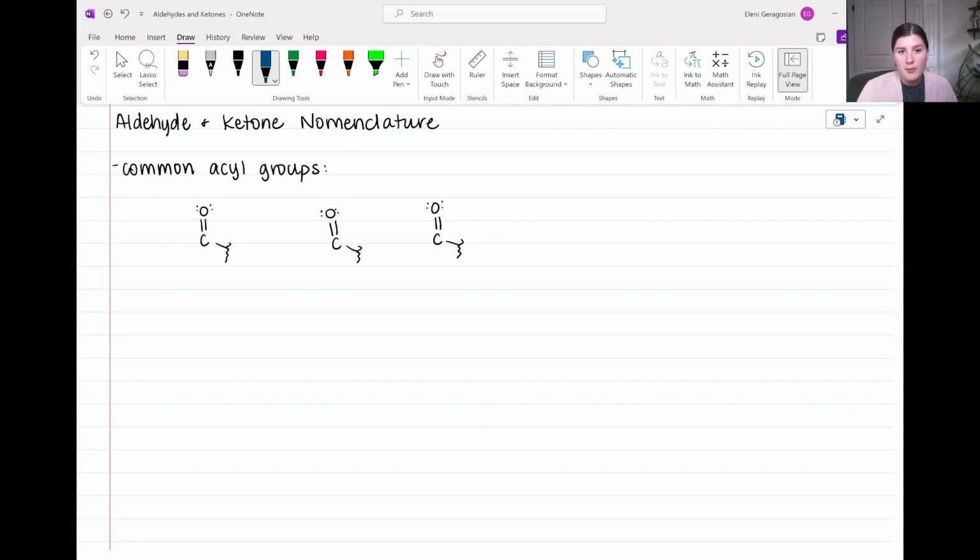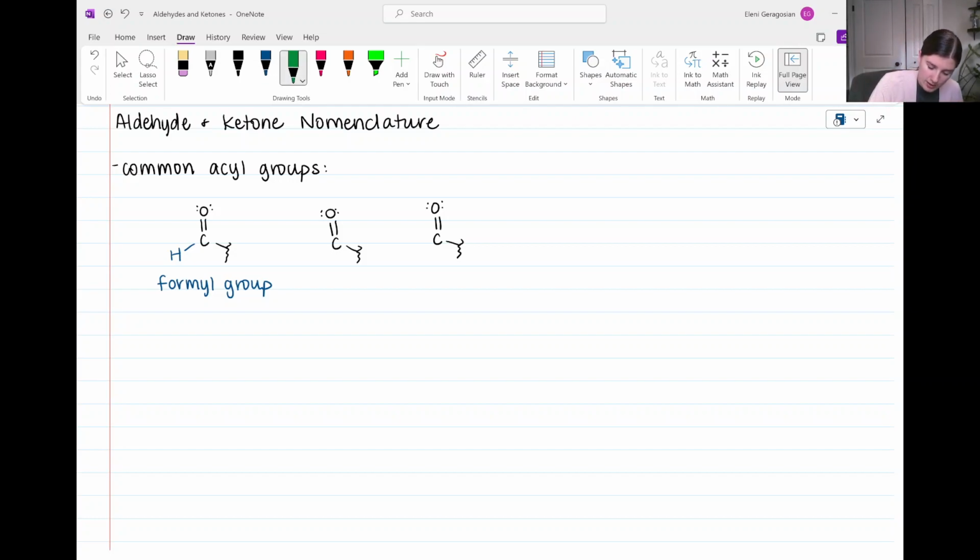Okay, the first common acyl group name we'll talk about is when that carbon is bonded to a hydrogen. This is called a formyl group, as far as the substituent goes. So a carbonyl with a hydrogen bonded to something else, that's a formyl group.